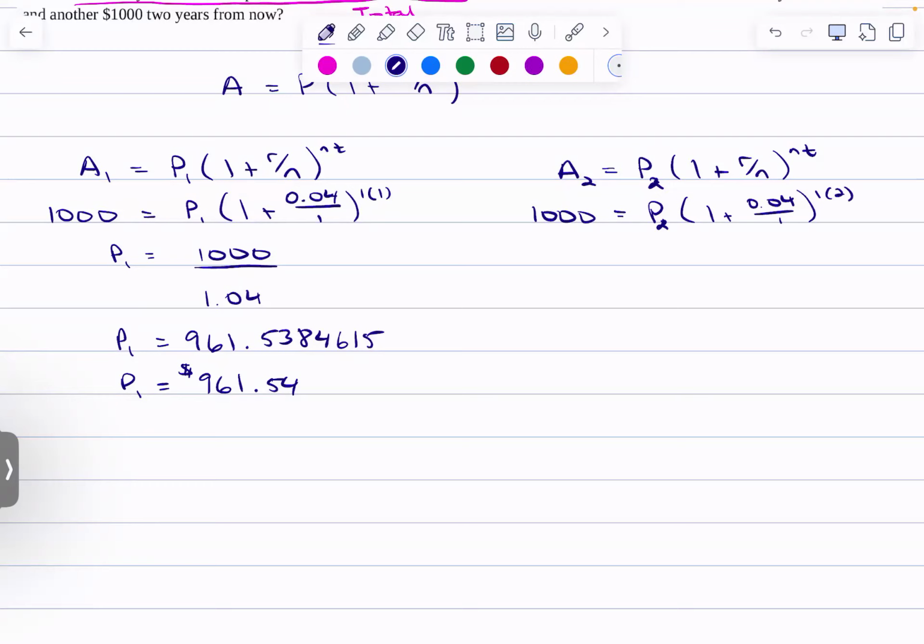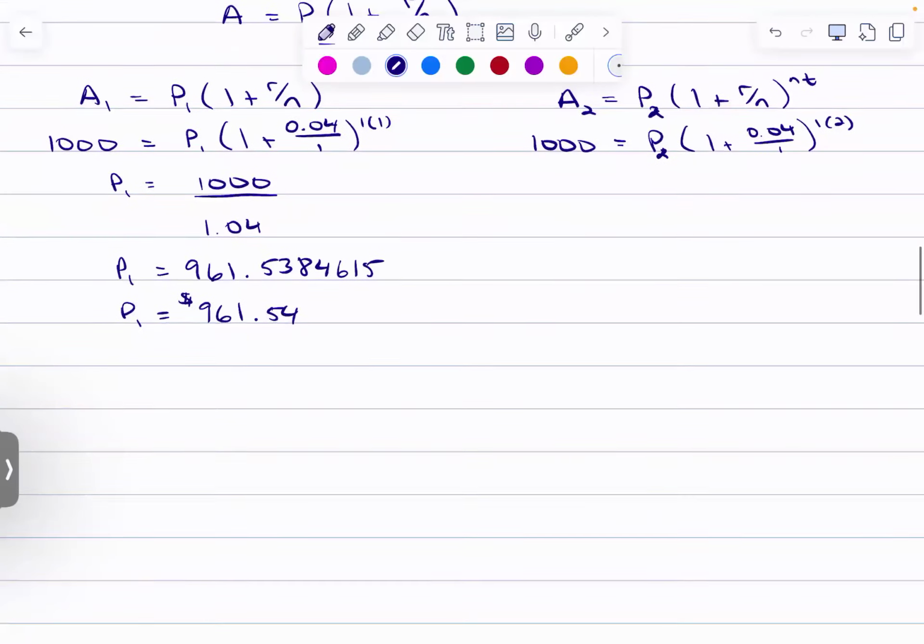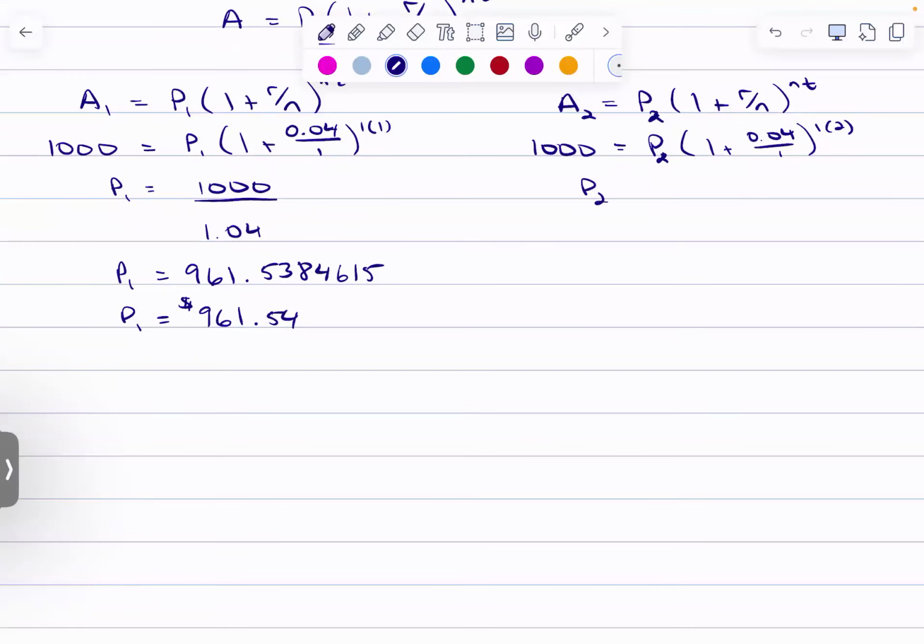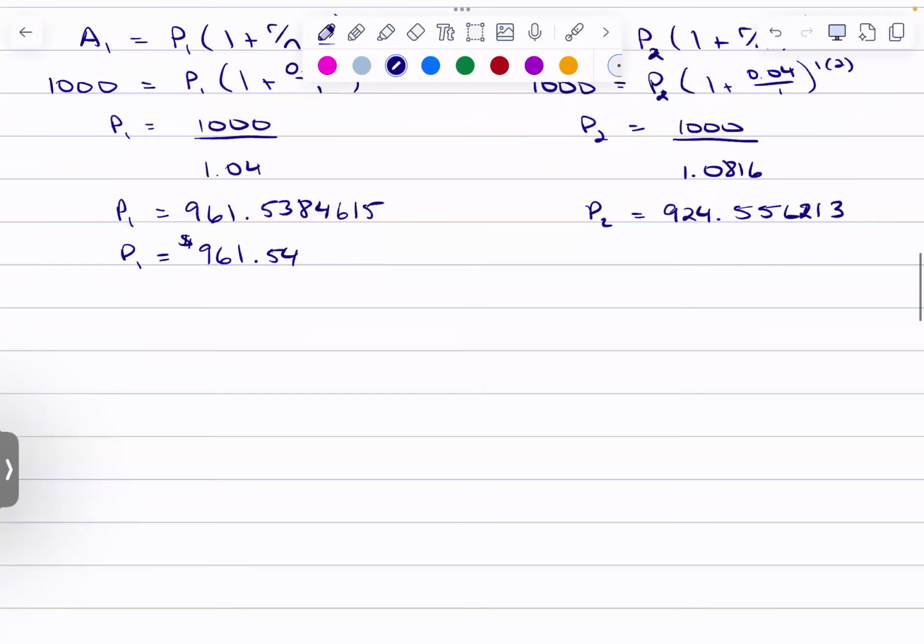So 1.04 to the power of 2 means that P2 is going to be 1,000 divided by 1.0816. $924.556213, or in monies, $924.56.